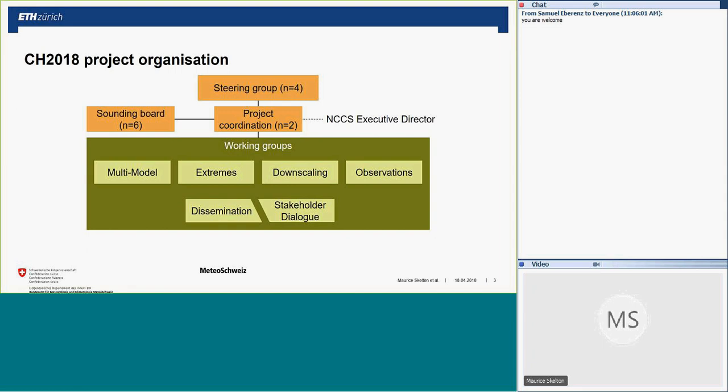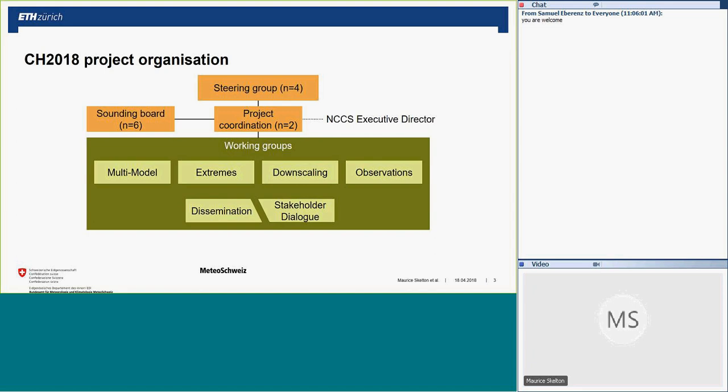This is a user group with selected members, 6, some from government, some from non-government, and this is one area where feedback from users is being incorporated, along with the scientific and technical discussions going on in that sounding board.